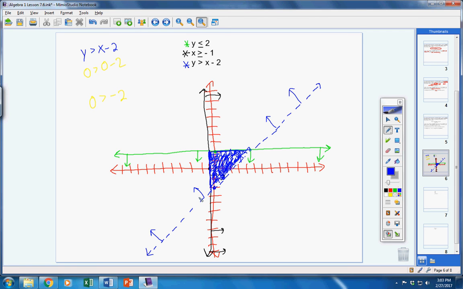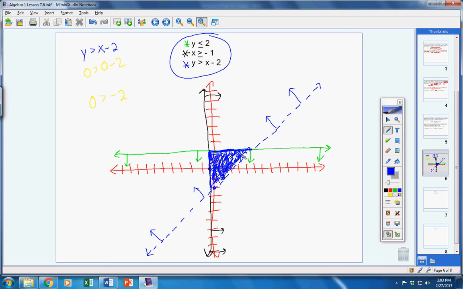I think you're seeing now, students, why I said you cannot really have a numerical answer for these. You solved this. You now know the answer. But the answer is a picture, it's not numbers. Any ordered pair that falls in this shaded region is a solution to this inequality system. Also, because your green line is solid, any point that falls on the green line is part of your solution.